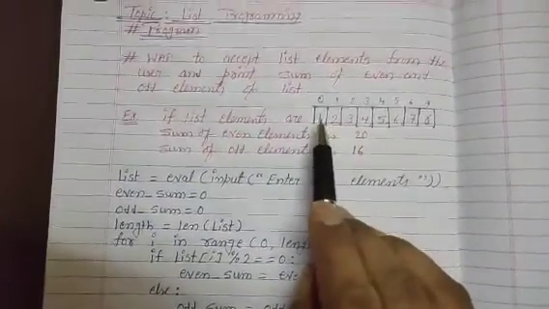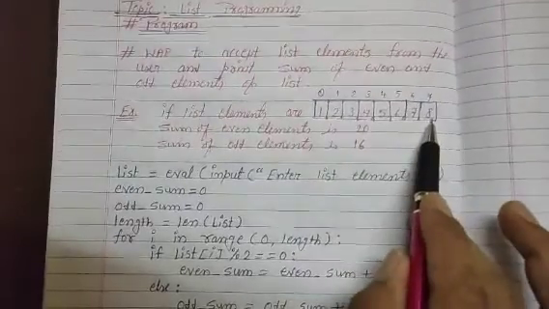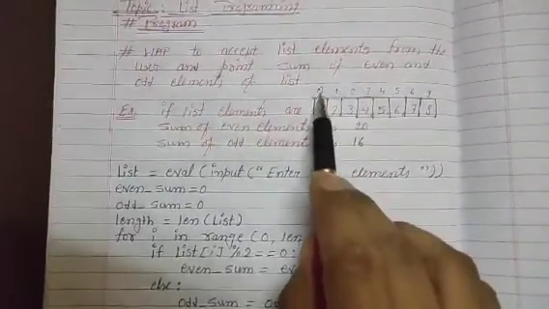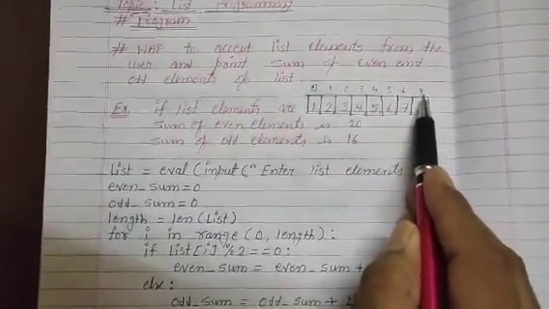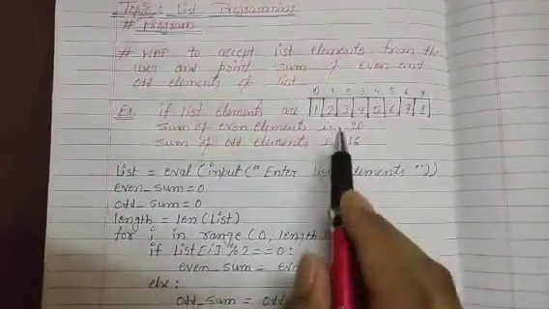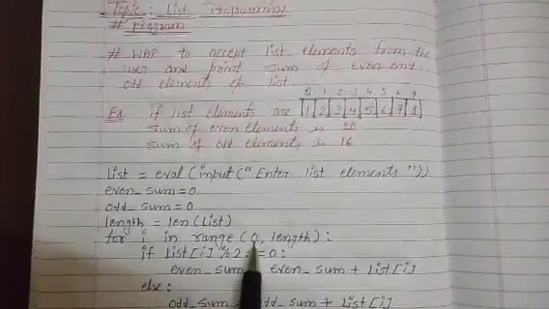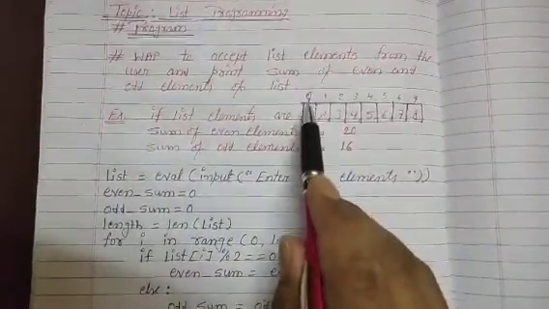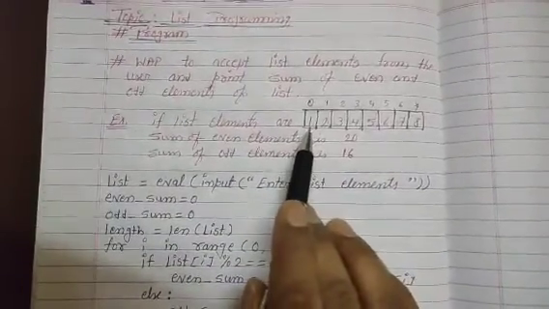Total number of elements 1, 2, 3, 4, 5, 6, 7, 8. Total number of elements is 8. So the index starts from 0 to length minus 1, that is 8 minus 1, 7. Now to access the first element, i is 0. So the index is 0. So we check whether the first element is even or odd.